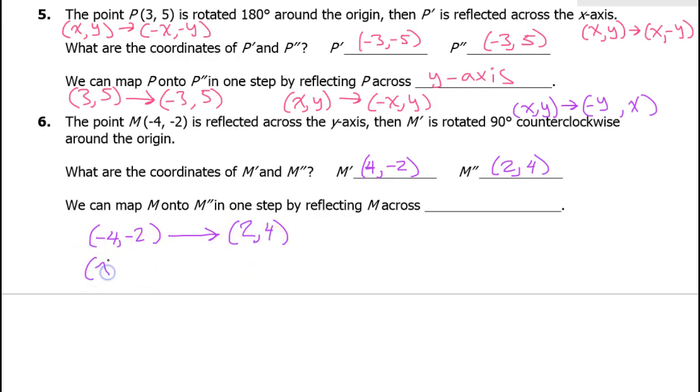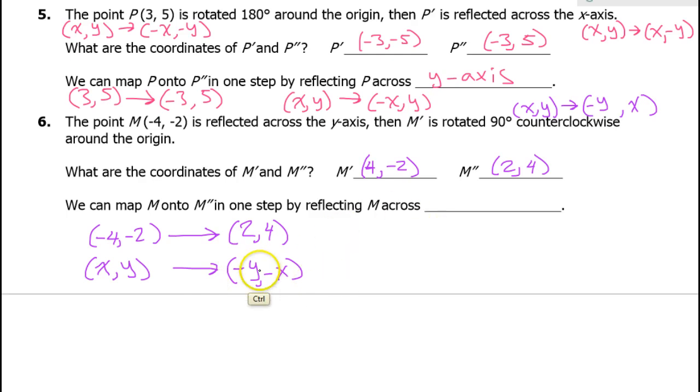All right? In other words, we had xy and it became 4, 2, 2, 4. The x and y reversed. But also both signs changed. So xy became negative y, negative x. All right? They reversed and they both changed signs.